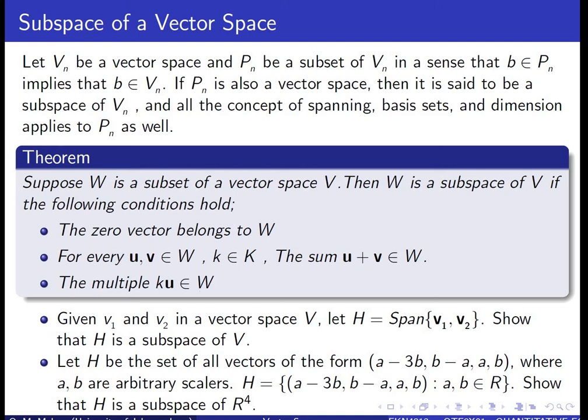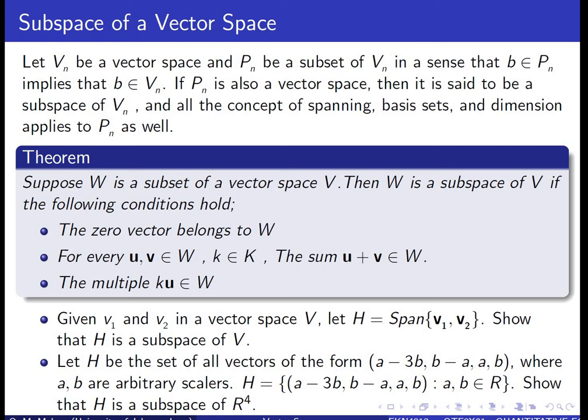So we have a theorem here. Suppose that W is a subset of a vector space V, then W is a subspace of V if it satisfies the following conditions.